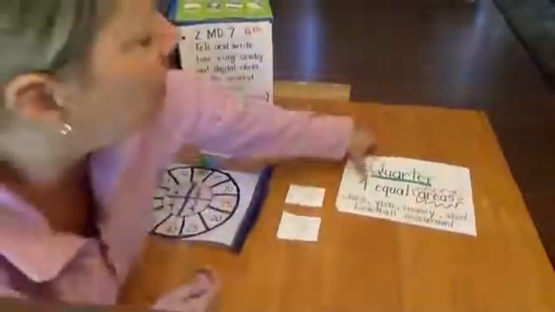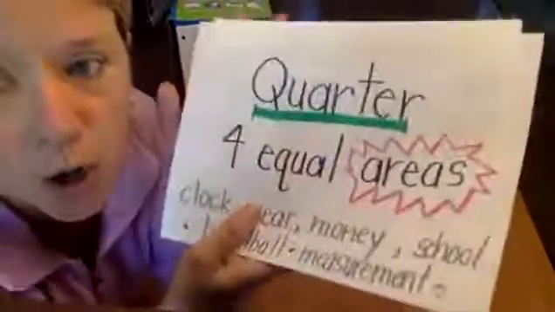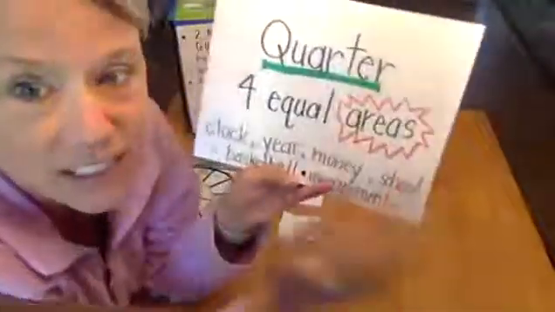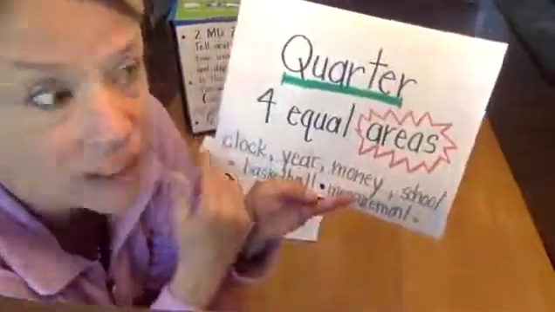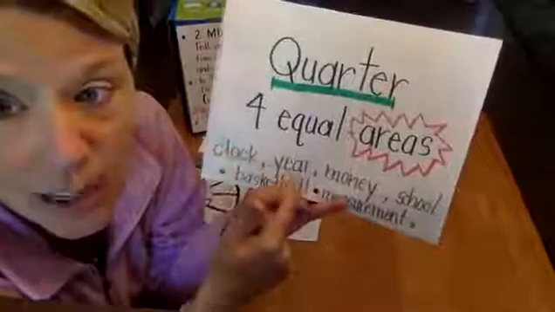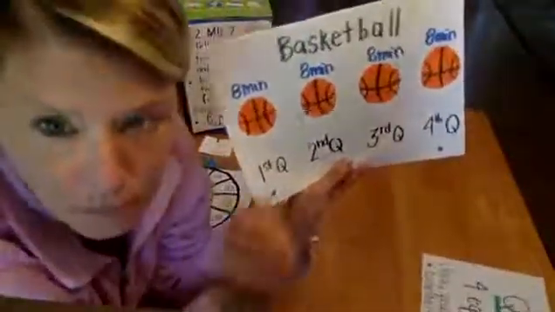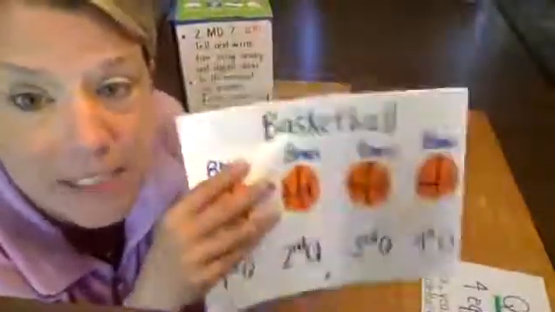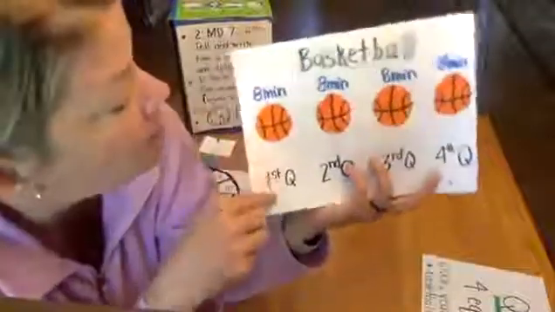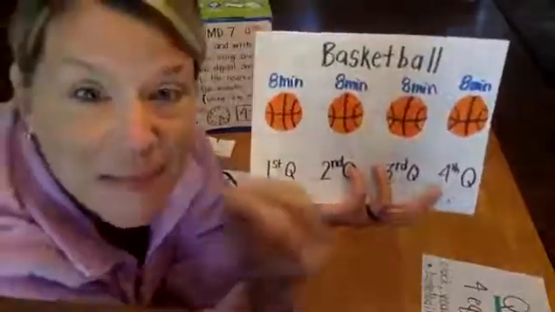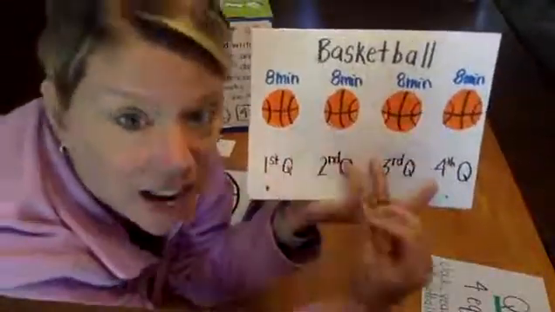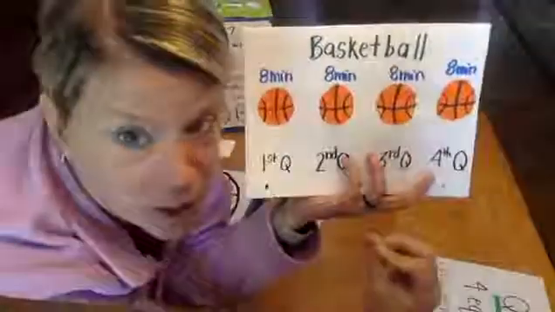So second graders, we talked about quarter, and the word quarter means 4 equal areas, and we see quarters everywhere. It's not just money. A quarter is on a clock. A quarter is a year in school, basketball, and measurement. A basketball game is in 4 quarters, and each quarter has the same value.